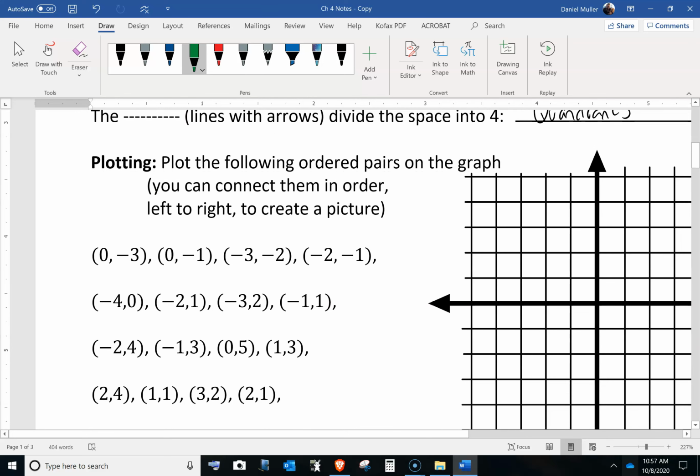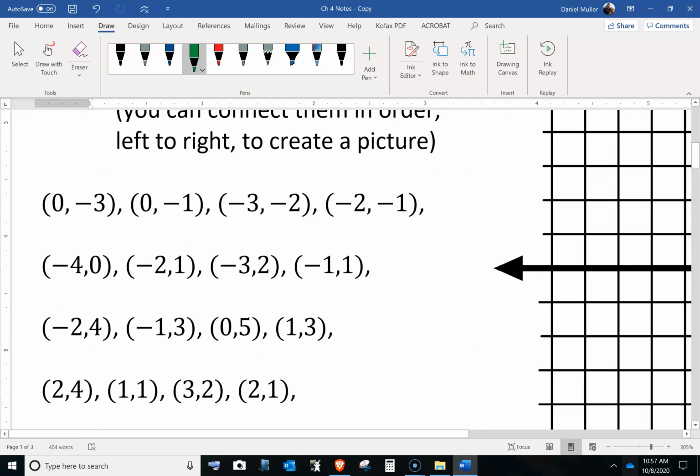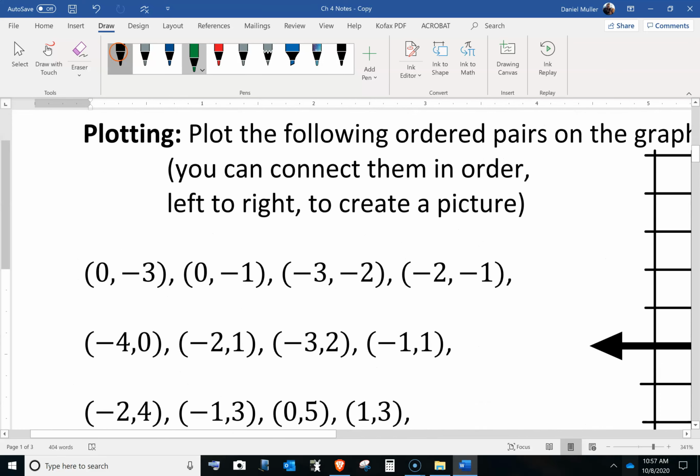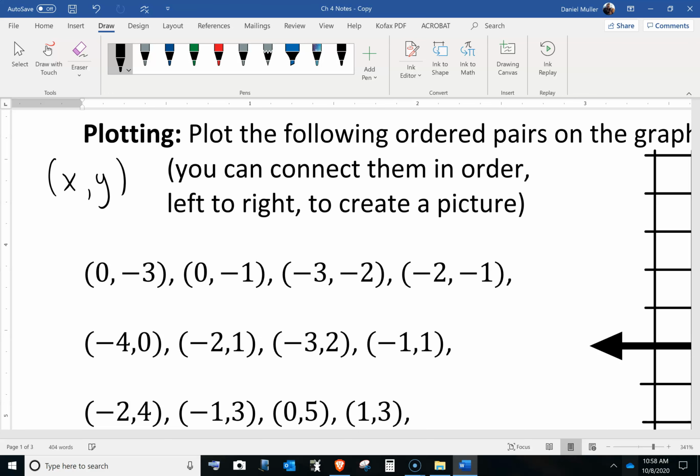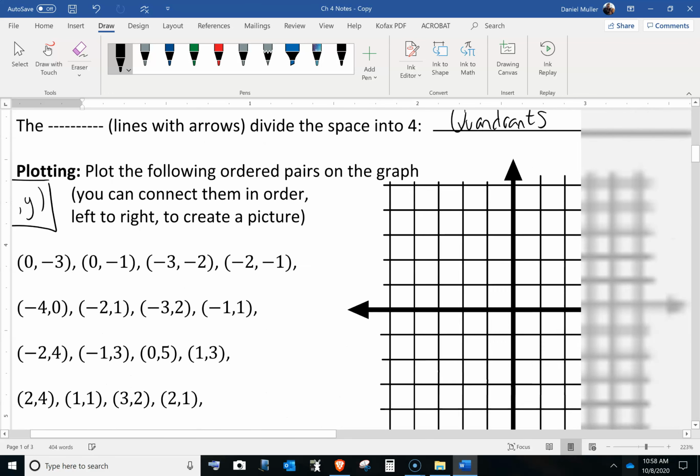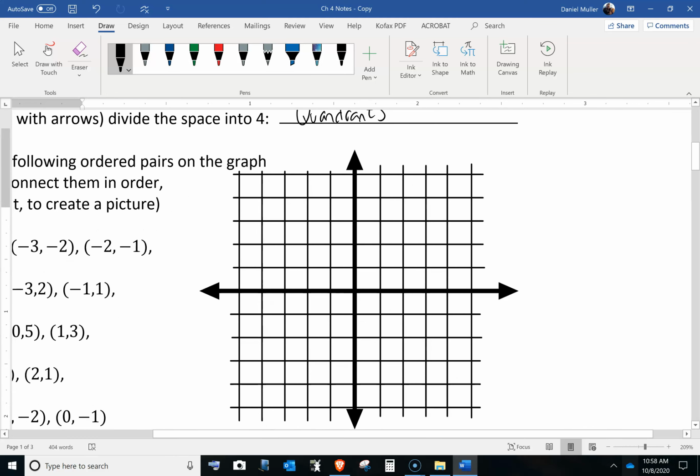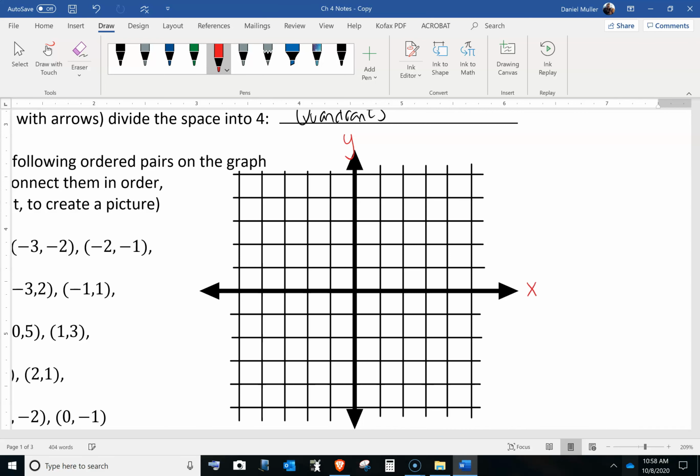Okay, so getting into practicing these things, every point here has an X instruction, comma, and then some sort of Y instruction. It's good before we get started to write down on this graph a little note that this is the Y axis and this is the X axis.